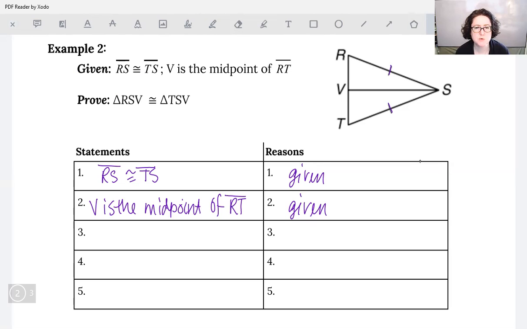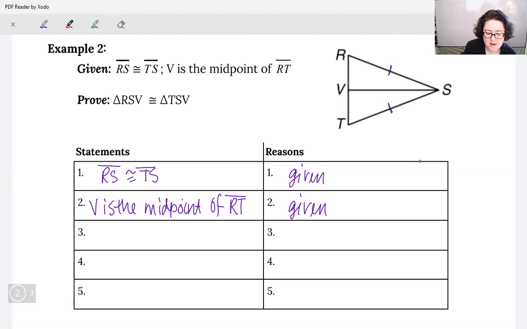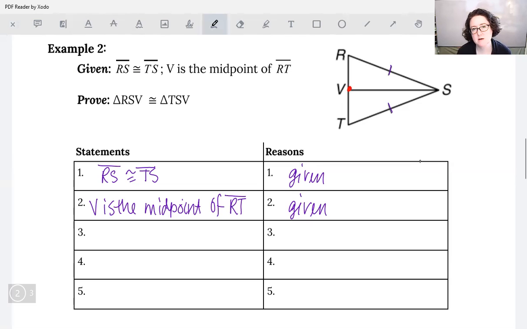What do they do to a segment, or where are they on a segment? Well, they're right in the middle. So if V is a midpoint of segment RT, it must mean the two parts are congruent, because that's right from the definition of midpoint. So that's something new we figured out.